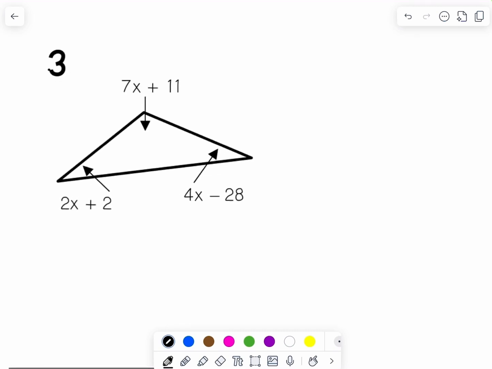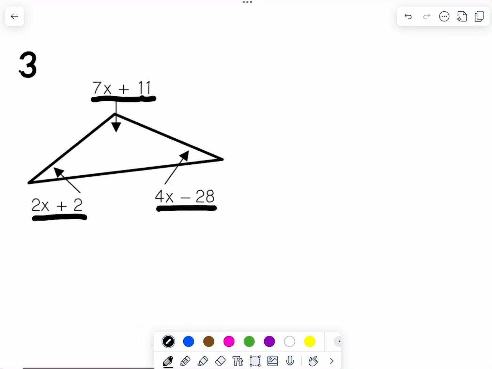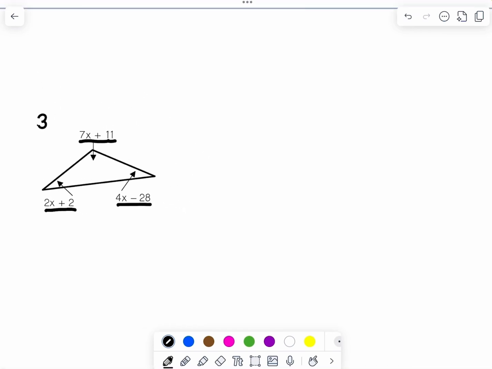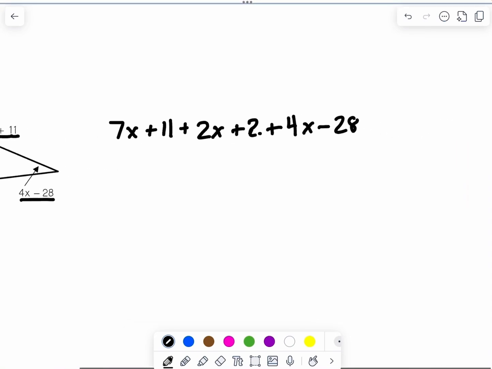For 3, we're going to add up 7x plus 11, 2x plus 2, 4x minus 28, and we're going to set it equal to 180. So 7x plus 11 plus 2x plus 2 plus 4x minus 28 is equal to, of course, 180.